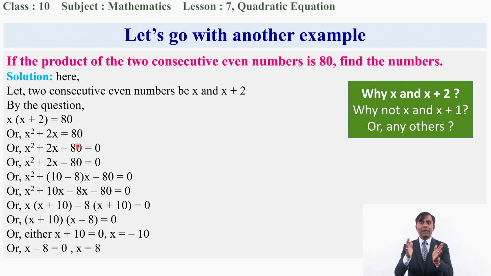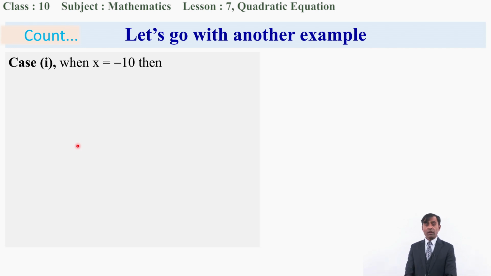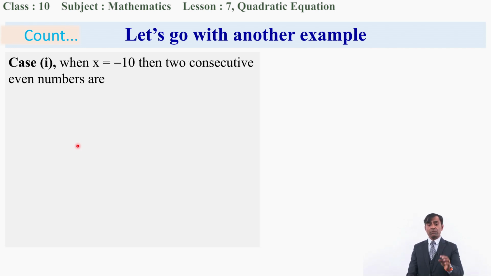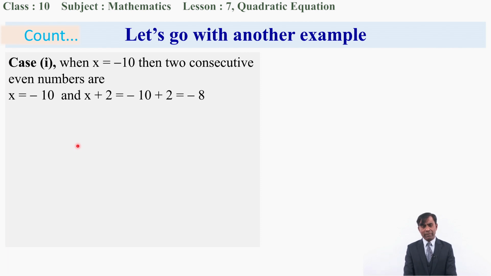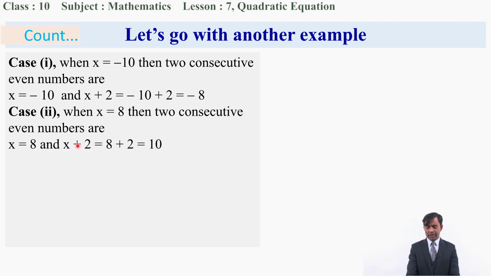This time we have to find the number, and it is not mentioned whether it is positive or negative. The number may be negative, it may be positive. So case first: when the value of x is minus 10, the two consecutive even numbers are minus 10 and minus 8. Case second: when x is 8, the two consecutive even numbers are 8 and 10.